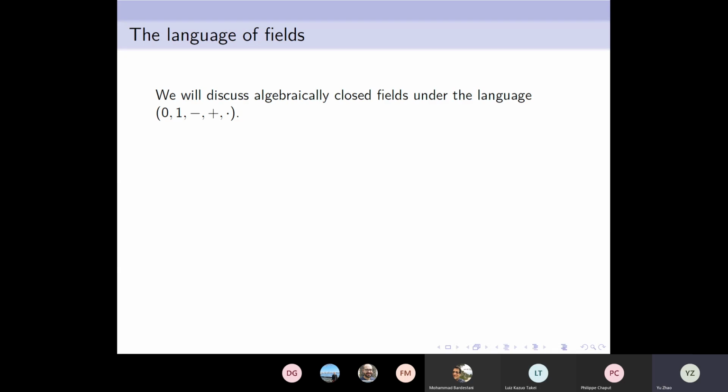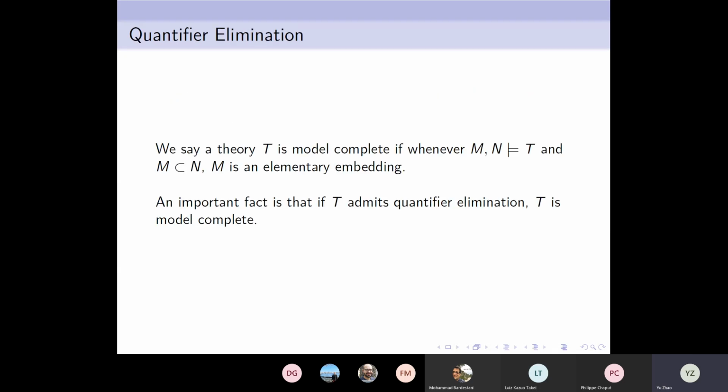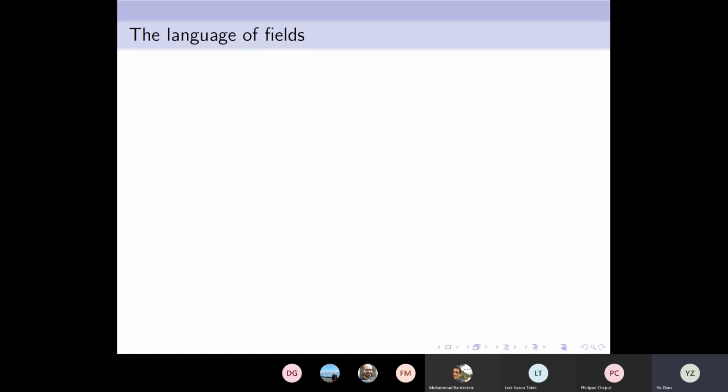Now we go to the language of fields. We discuss fields under this language. We have two constant symbols, 0 and 1. Minus is not subtraction; it means negation, a unary operation.